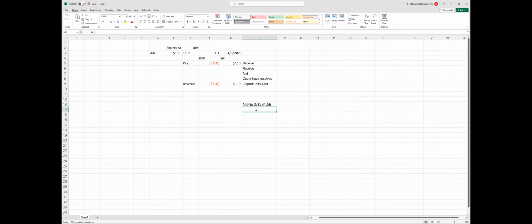But let's say Neo expires at $7. Then at expiration, I will buy 100 shares at 8, so I'll buy 800 shares, and then here, let's do minus $800. Then the stock will be worth $700, netting $100 loss.